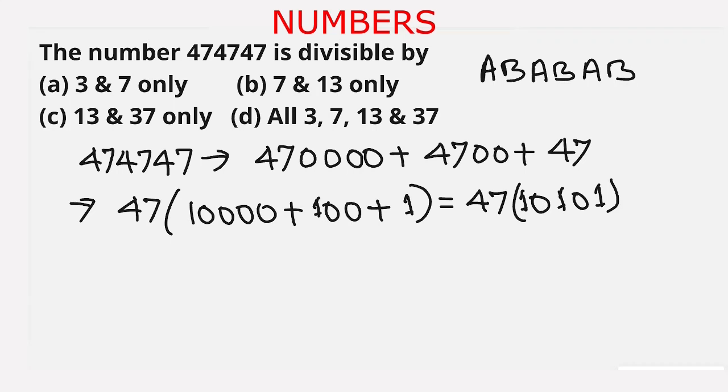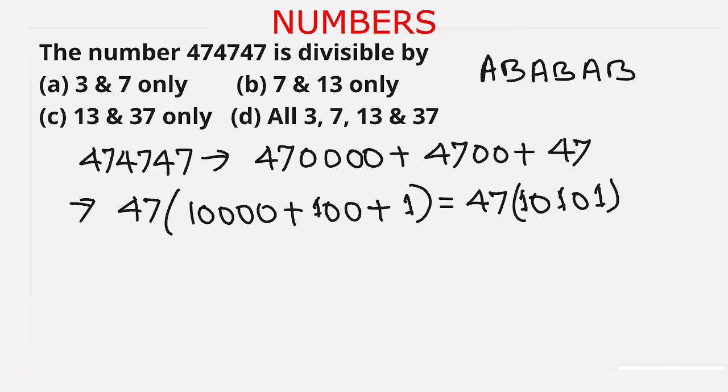We carry 1, so it becomes 111. And 37 times 3 is 111. So 10101 is completely divisible by 37. Therefore, the number 474747 is divisible by 3, 7, 13 and 37.